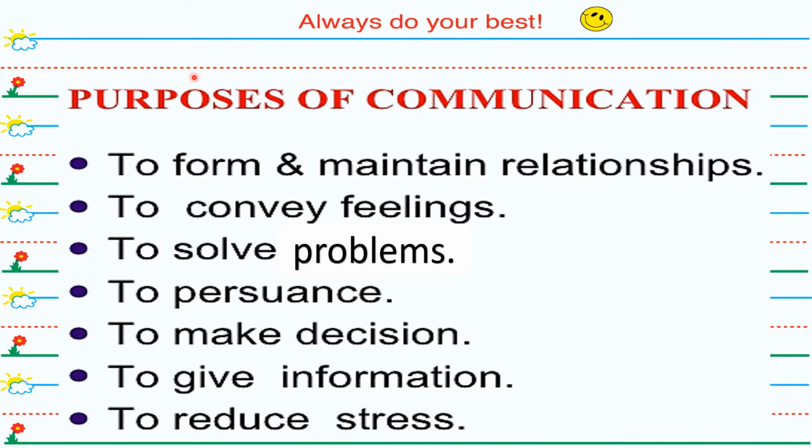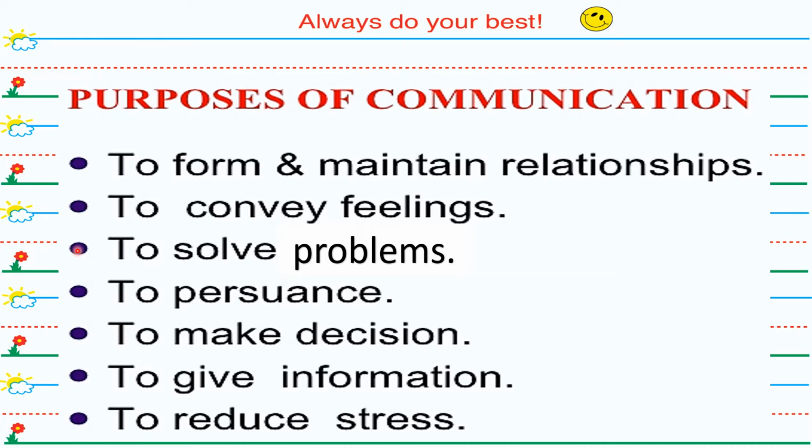So let us discuss the purposes of communication. Number one, to form and maintain relationships. It can be with a boyfriend, girlfriend, husband and wife, brother, sister, to have stronger relationships. Next, to convey feelings, to let other people know how you feel about them.